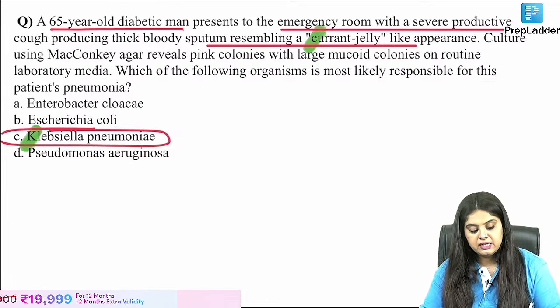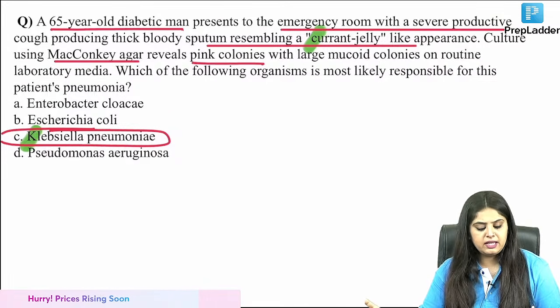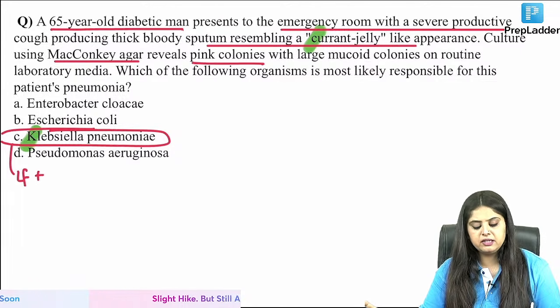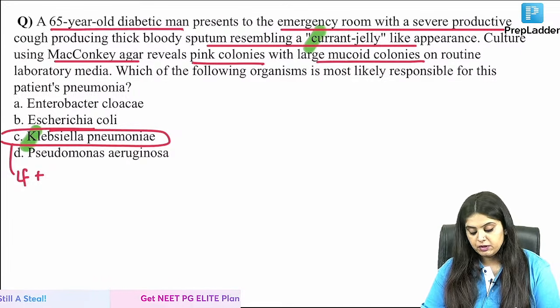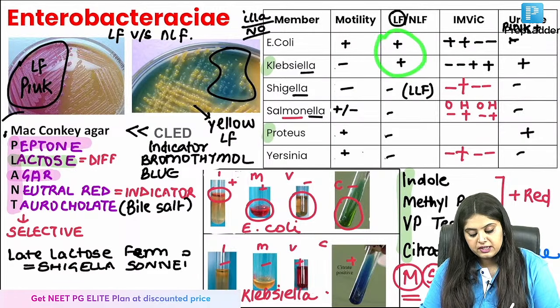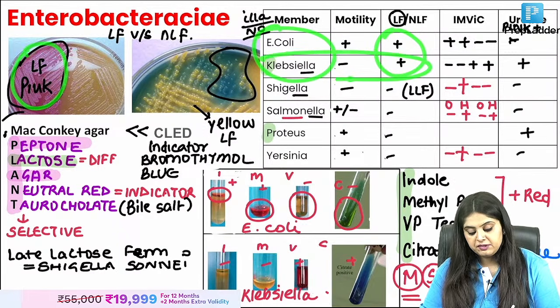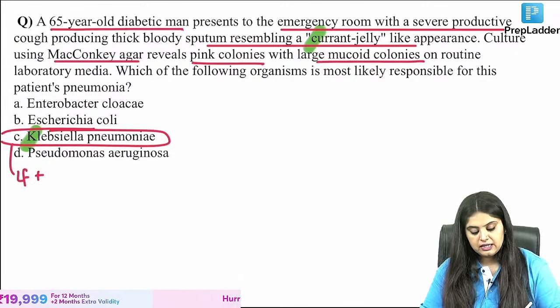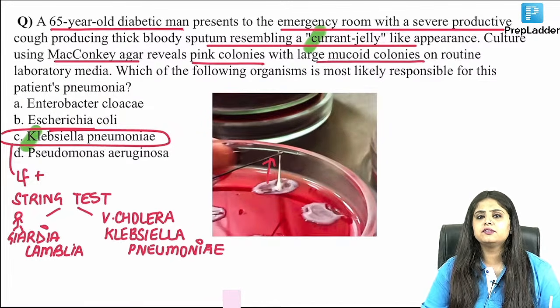But look carefully. Culture of McConkey agar showed pink colonies, because yeah, E. coli and Klebsiella are going to be lactose fermenters, but they've written something, mucoid colonies are seen. Because now tell me, E. coli, Klebsiella दोनों lactose fermenters, दोनों क्या देंगे? Pink color. But Klebsiella will give something extra. Klebsiella will give something called a string sign. कल कहाँ पढ़ा था string sign?